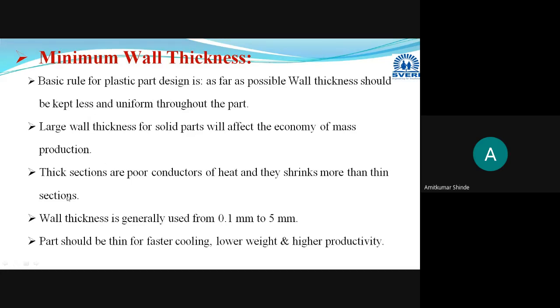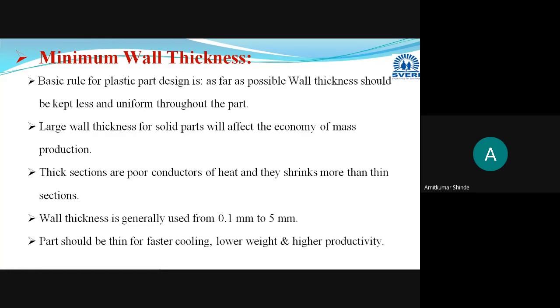Generally the wall thickness used for designing plastic parts is in the range 0.1 millimeter to 5 millimeter. Whenever we design the part with minimum wall thickness, you will be able to do faster cooling, and you will be able to reduce the weight of the manufactured part, and productivity will automatically improve. So this is the concept of minimum wall thickness.